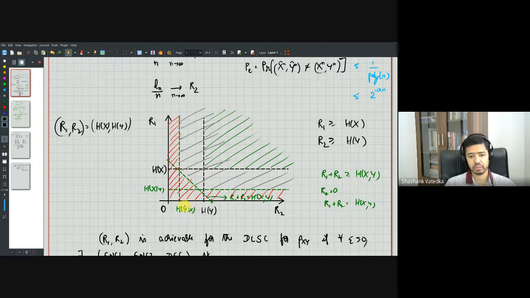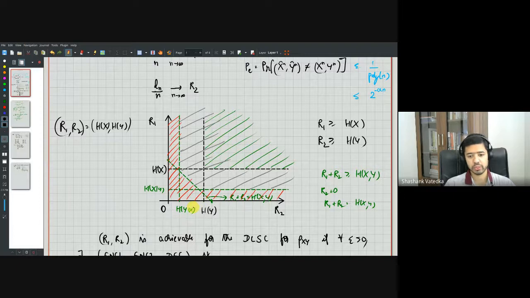And we saw by way of the converse to the source coding theorem, by combining the sources and making use of side information, that no rate pair in the red region can be achieved. Right?